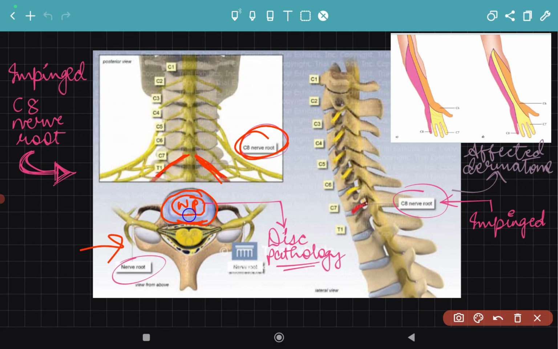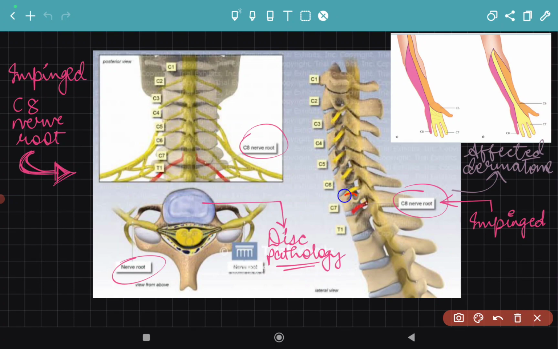Now if there is herniation of the disc posteriorly this way, and if the annulus fibrosus ruptures in some cases, this will come out and impinge over here, or it comes laterally, posterolaterally this way, and it can cause impingement of this nerve root, on either side. So the main cause was this disc herniating, which is the disc pathology responsible for causing this C8 nerve root to impinge.